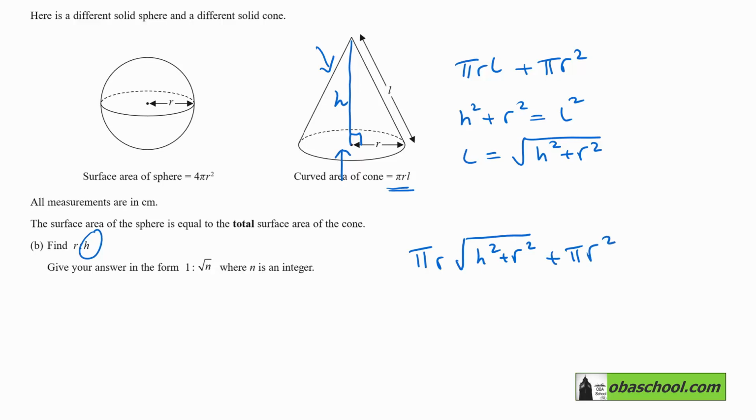And that's got to be equal to the surface area of the sphere, which is 4 pi r squared. Now what we can do here is cancel pi all the way through, and then subtract r squared from each side, and we have 3r squared is equal to r root h squared plus r squared.